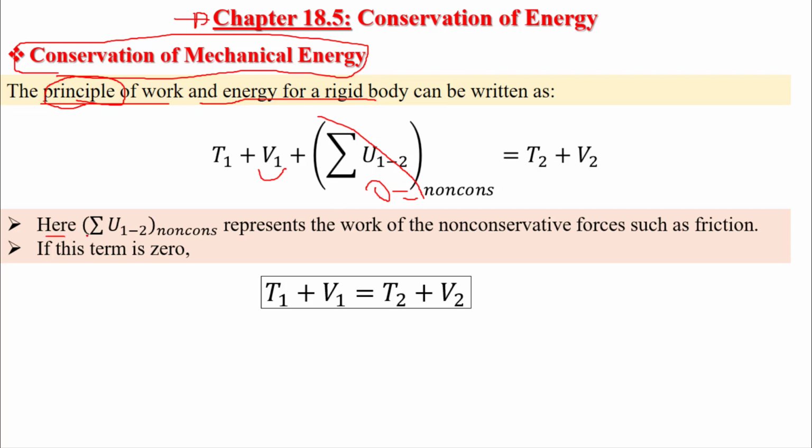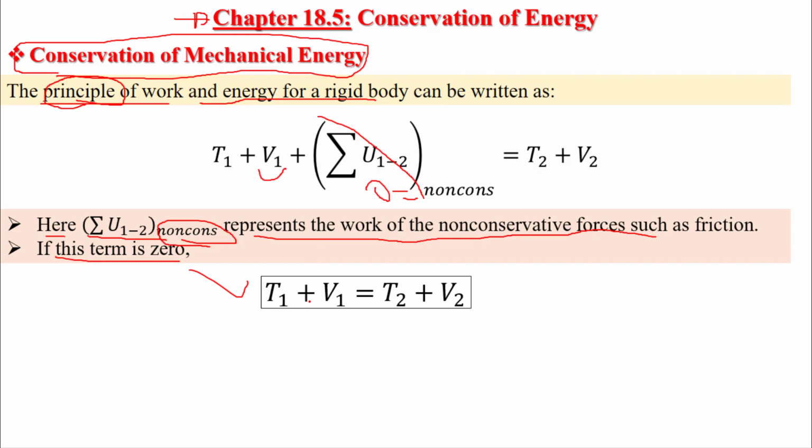So here, the summation of U from 1 to 2 non-conservative represents the work of non-conservative force, such as friction. So this term will vanish, will go to 0, and we'll end up with this format.